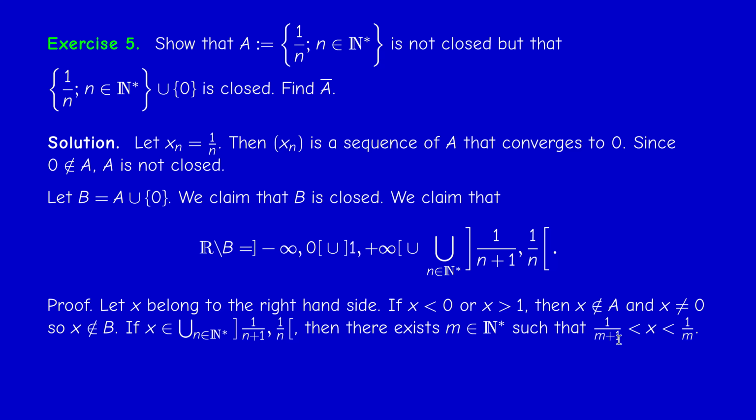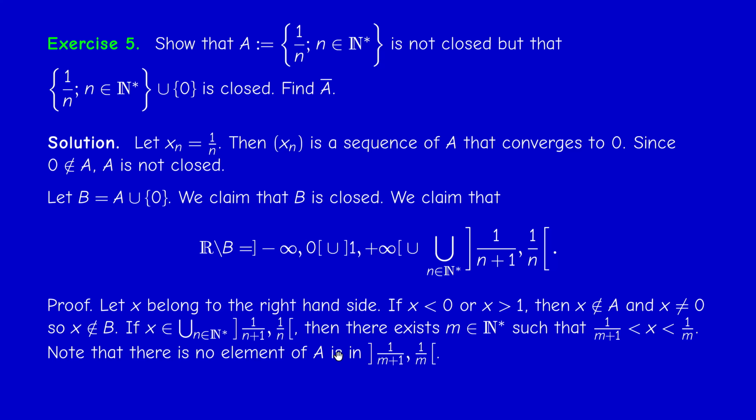Now, there are no elements of A inside this interval, because the other elements of A, 1 over k, are either on the right or on the left. Between 1 over m plus 1 and 1 over m, there are no elements in A. So it means in particular that X is not in A. And of course, since X is bigger than 1 over m plus 1, it's strictly positive, so it cannot be 0.